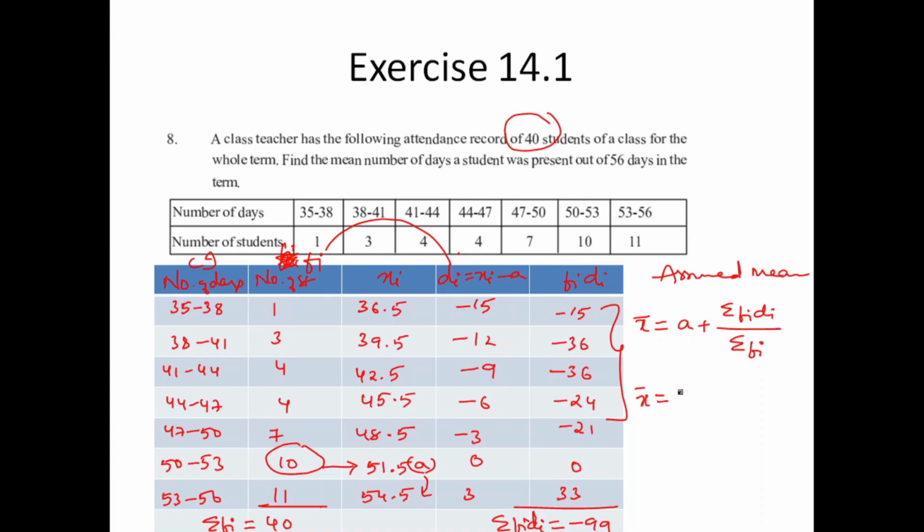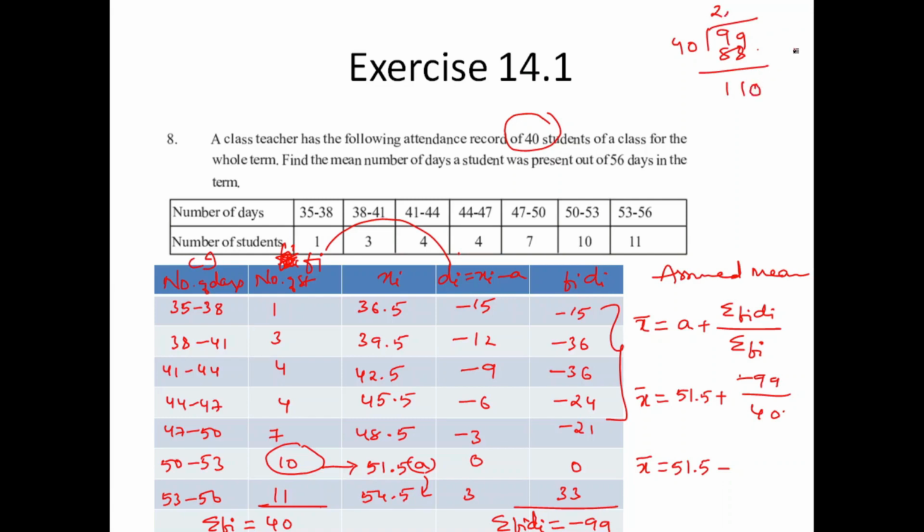x bar is equal to the assumed mean 51.5 plus sigma of f of i into d of i by n, that is minus 99 by 40. Now when I divide these two, 99 divided by 40: 2 times 40 is 80, leaving 1 1 0 over here.